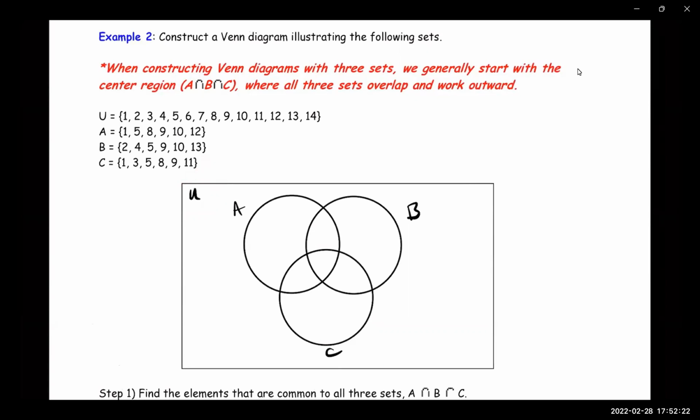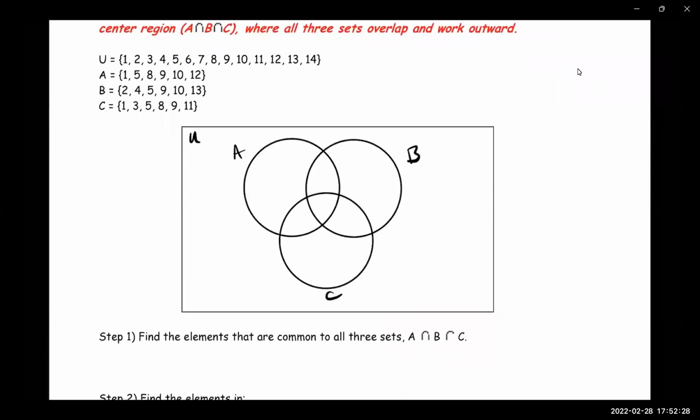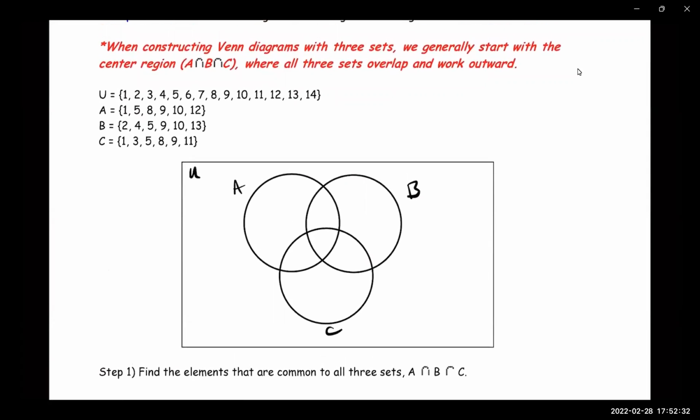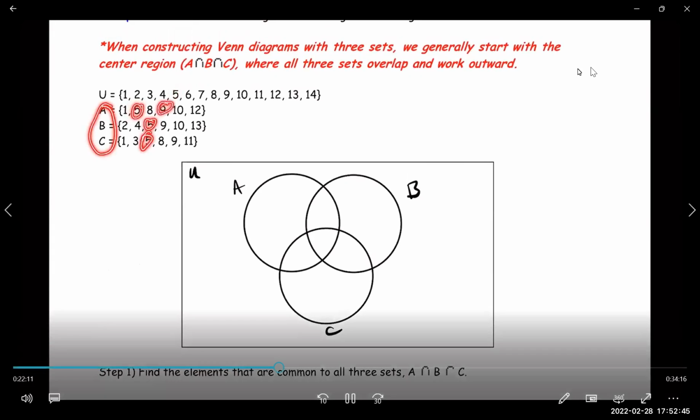All right, and then the way you want to write in all the elements, you always start with the intersection. So what do the 3 sets have in common? Anybody see any numbers that they have in common? 5 and 9.